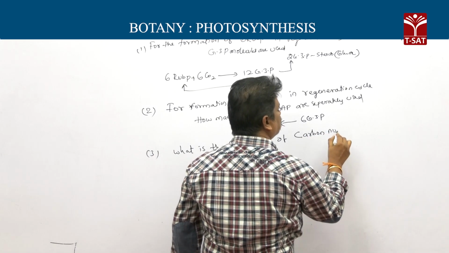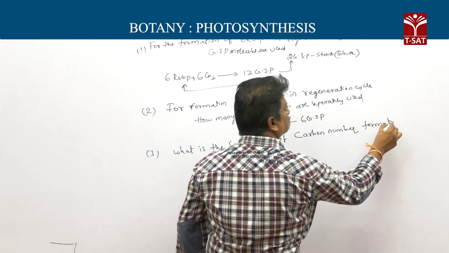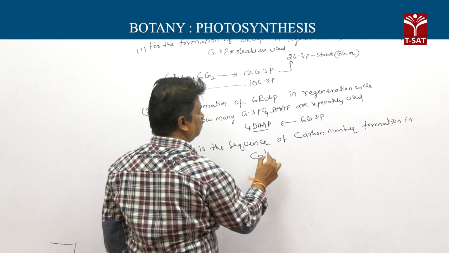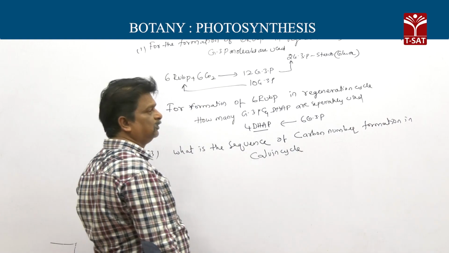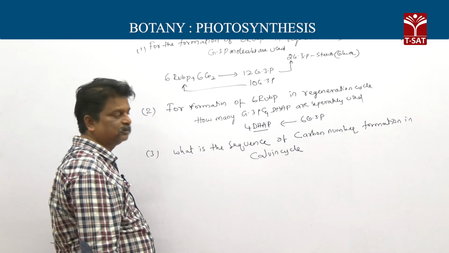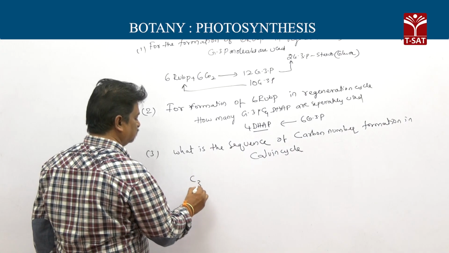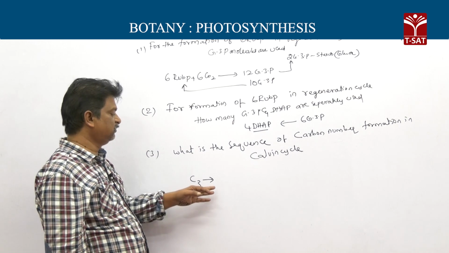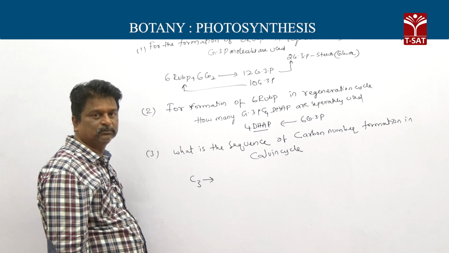A carbon number formation in that Calvin cycle means triose, tetrose, pentose, like that. So, first triose, PGA, 1,3-bisphosphoglyceric acid and G3P.